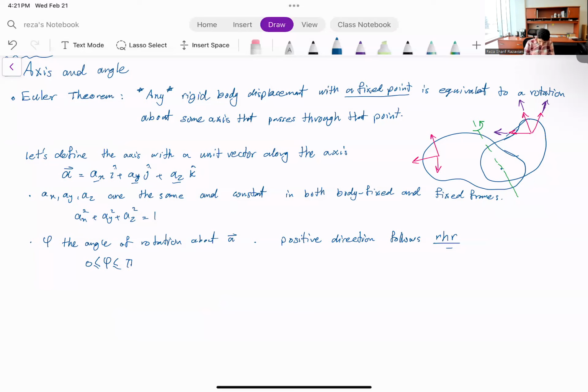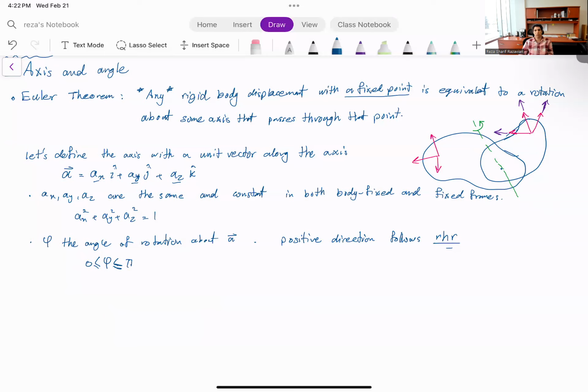So we can always define the angle in such a way that it's between 0 and pi. So it's a very useful, intuitive way to define rotations with 4 numbers: 3 representing the direction of the axis, and the 4th one being the angle.